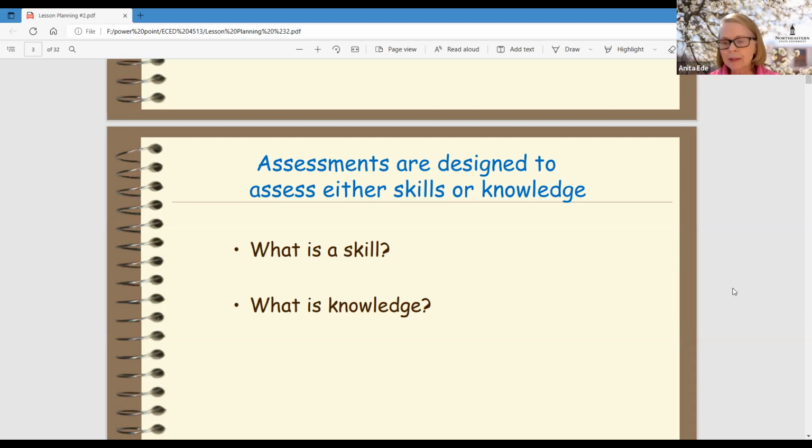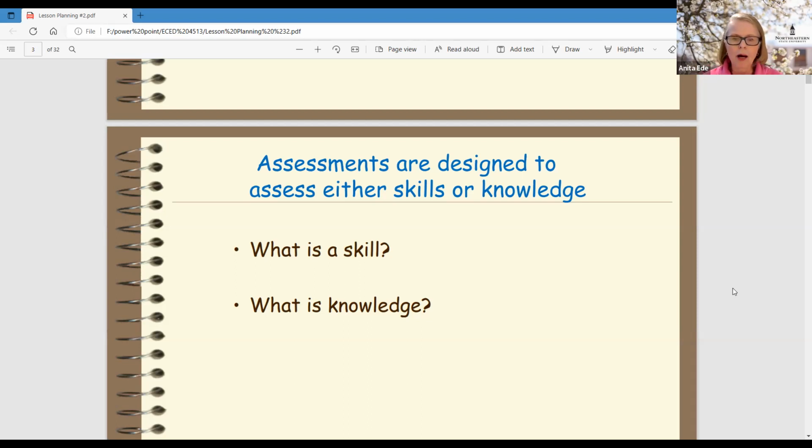So bear that in mind. Knowledge, on the other hand, is things like, well, what do we know about weather? There's not a yes or no answer to that. You can't say, Junior, do you understand weather? There's no yes or no checklist for that.